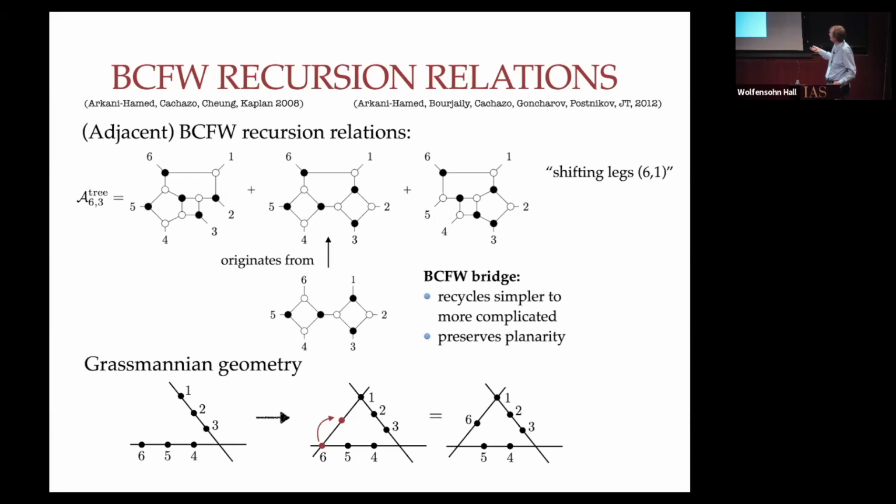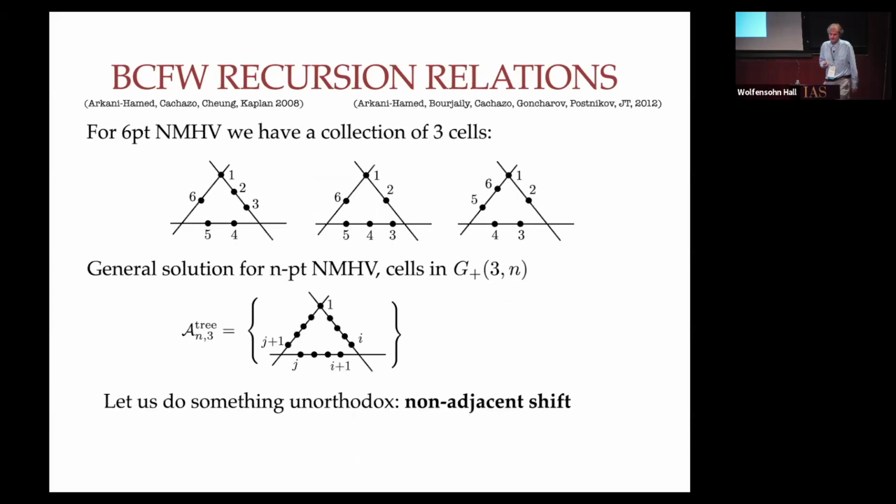At the level of these configurations, let's just look at this diagram. You start with two 4-point amplitudes, this one and this one, which means 3 points on this line, 3 points on this line. Actually, this intersection point corresponds to this middle line here between them. And then you are adding this bridge on top of that, which means moving this point 6 in the direction of 1. So this is the final geometric configuration corresponding to this Plabic graph here.